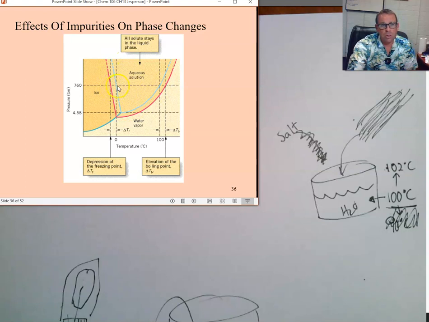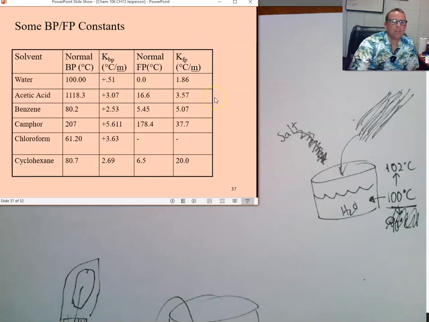So it lowers the freezing point, and here's the temperature. If you look across a line this way, like this one, for example, it raises the boiling point. Raises the boiling point. All right. And then you have the constants.